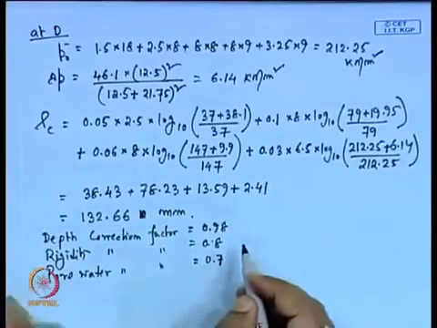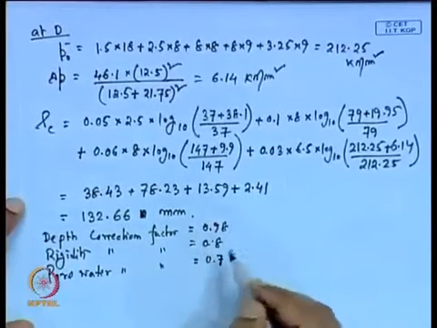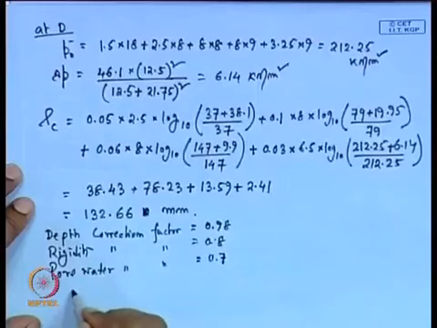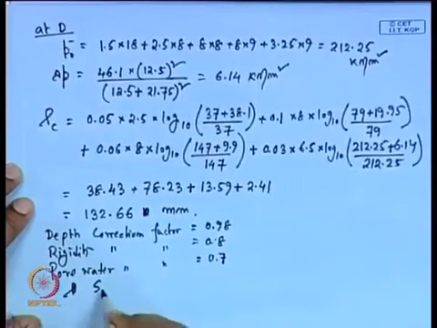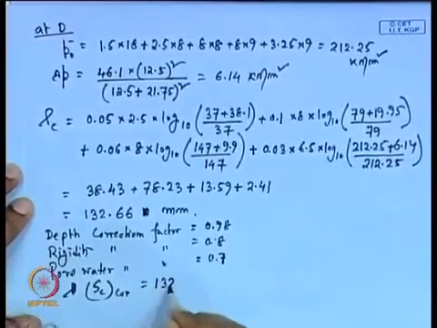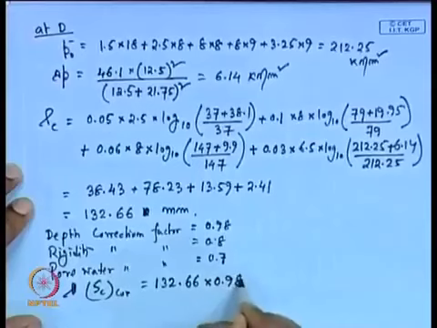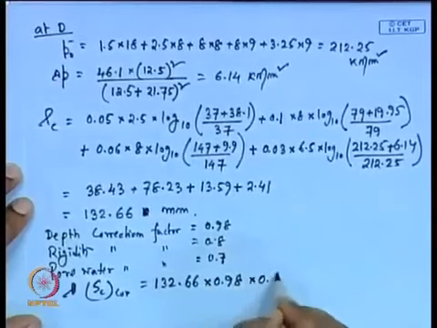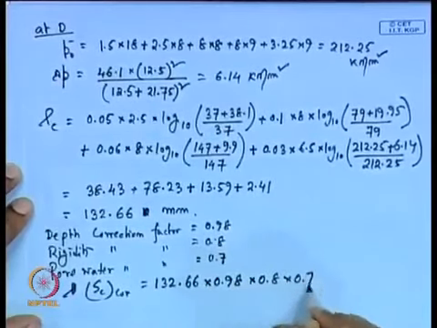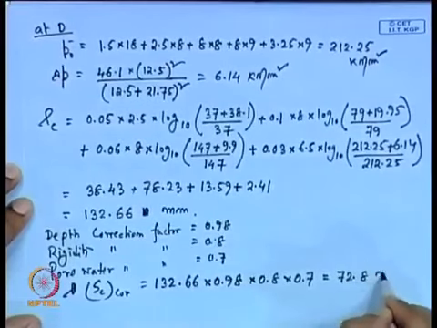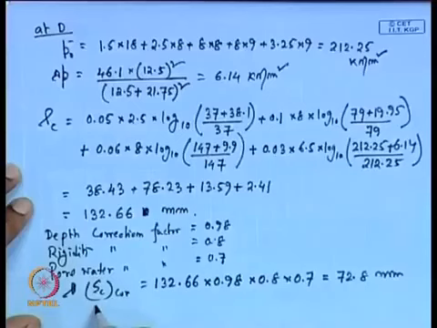So, based on the properties of this clay type of soil, this pore water correction factor is coming 0.7. So, the corrected consolidation settlement is 132.66 into 0.98 into 0.8 into 0.7. So, that is 72.8 millimeter.